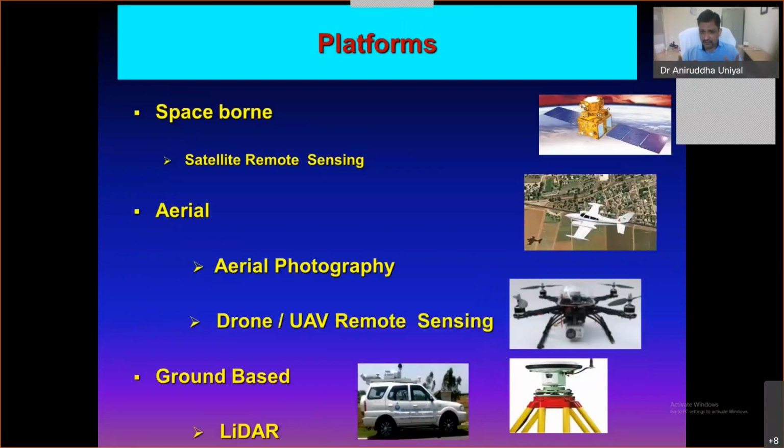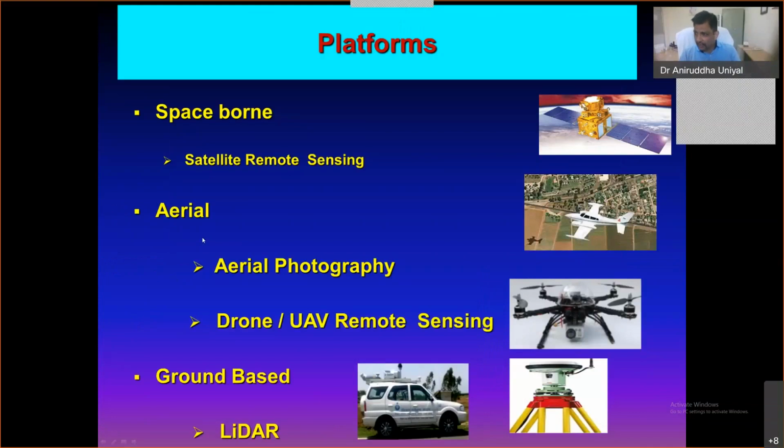Now some of the remote sensing platforms can be seen on the screen. Can you see this heading, platforms? Yes, sir. Thank you. So we have mainly three types of platforms. Our first category is the aerial platform.